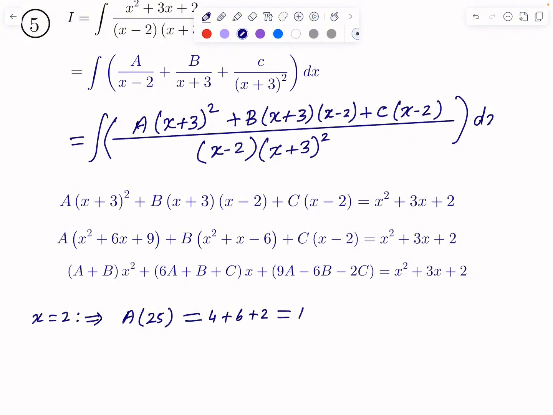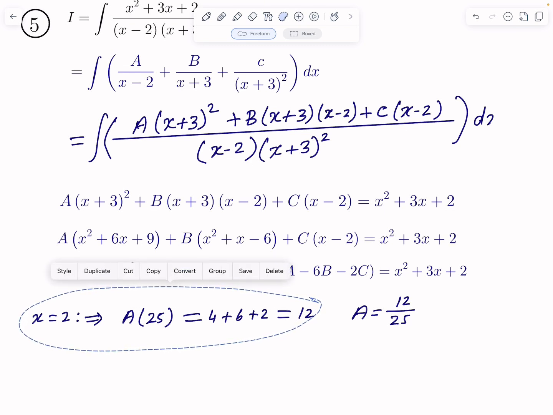So we could write 25a equals 2 squared, which is 4, plus 3 times 2 is 6, plus 2 is going to be 12. Therefore, a is going to equal 12 over 25. This is our a.